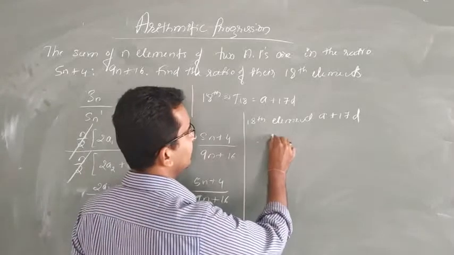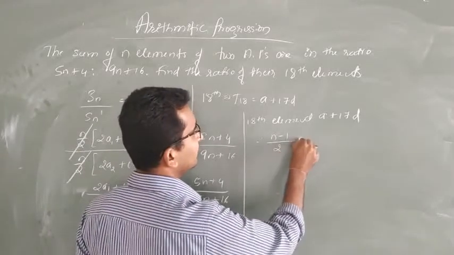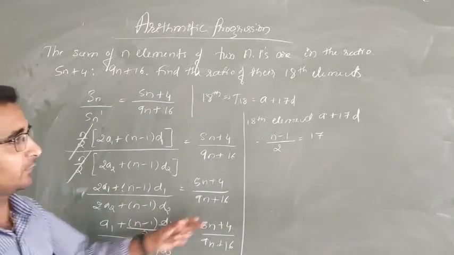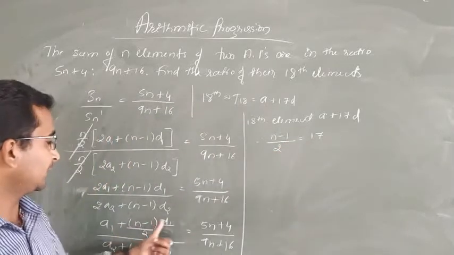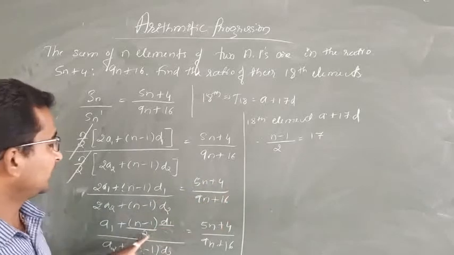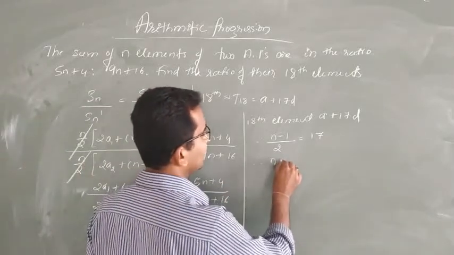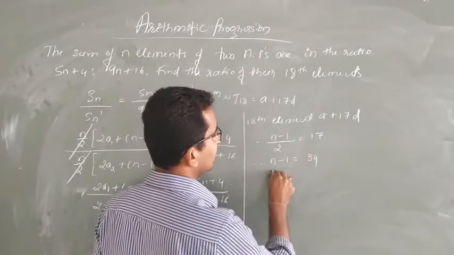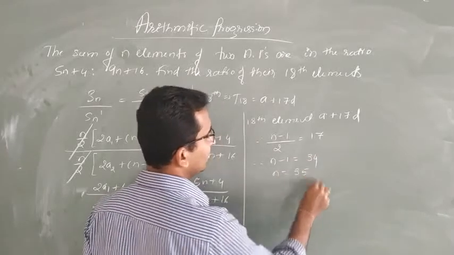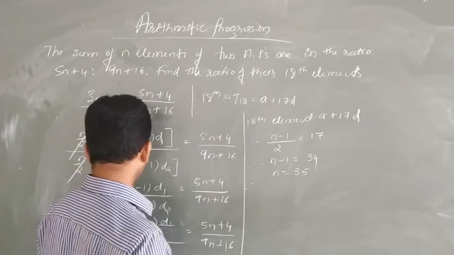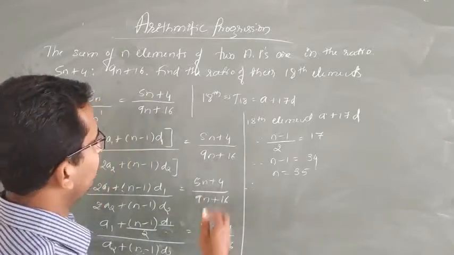Therefore (n minus 1) divided by 2 is equal to 17. Look here, in place of 17, that is (n minus 1) divided by 2, which is 17. Then n minus 1 is equal to 34. Then n is equal to how much? 35. Therefore we have to find the 18th element.